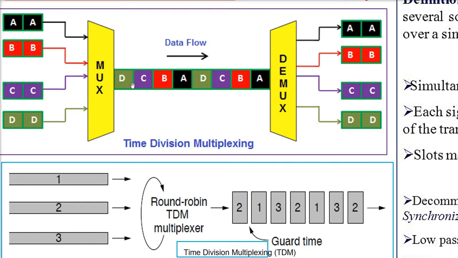Once D's time slot is over, then C will be given a particular time. The same time D was allocated. So now C will get the whole channel for a particular time, and it will send. Now the time will come for B, and then the time will come for A. Again D will come.